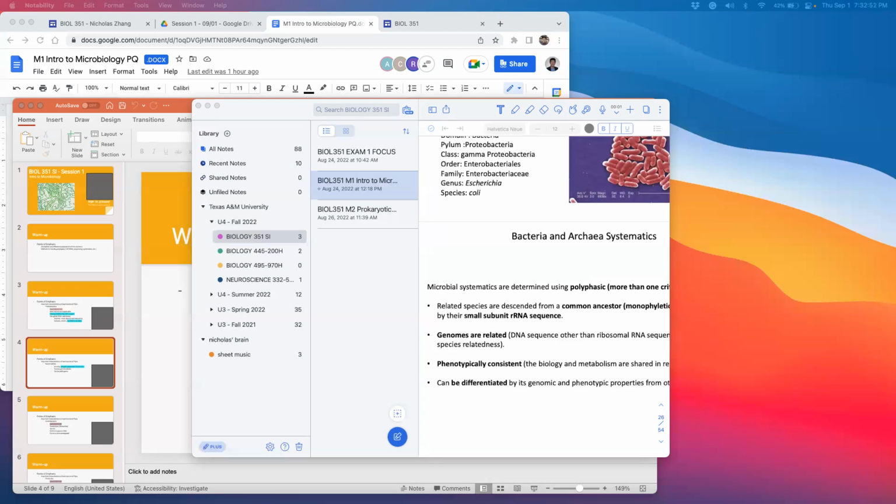Number 10, when he said large subunits, 5 and 23, Svedberg. And 16. Prokaryote is called 30S.